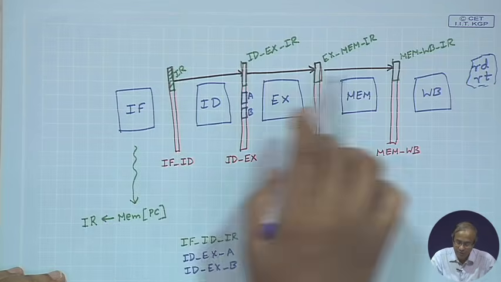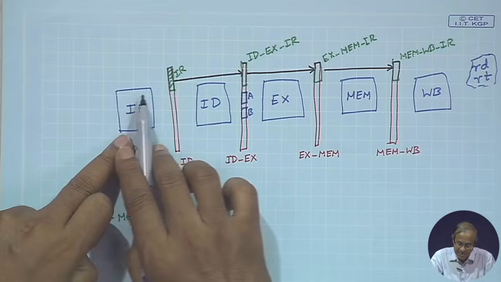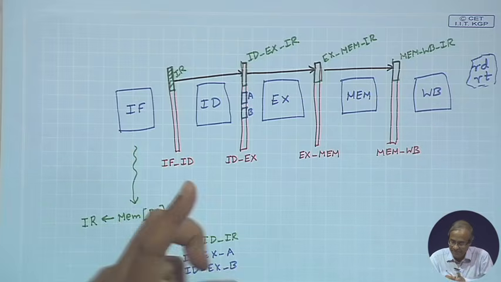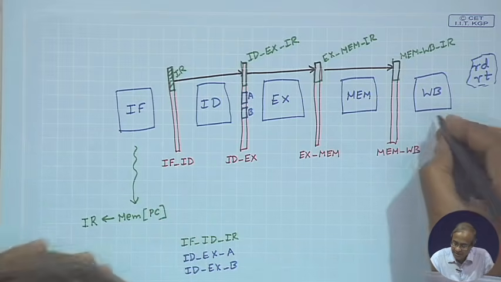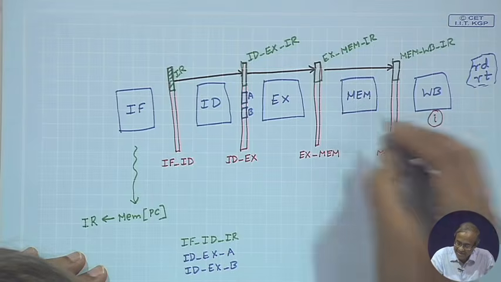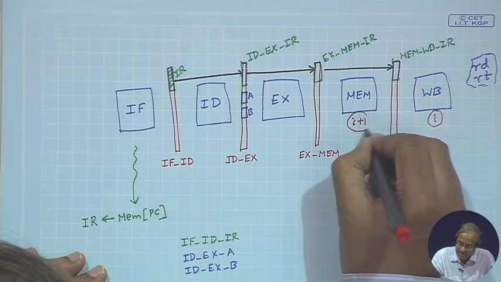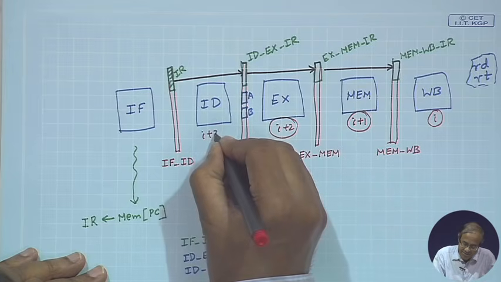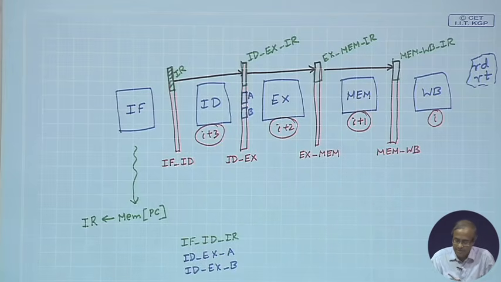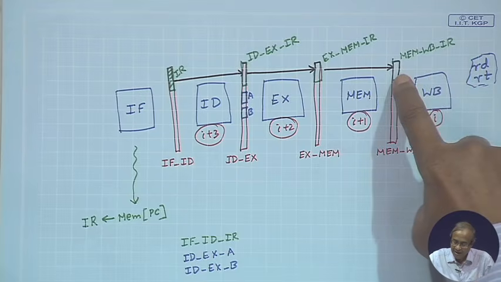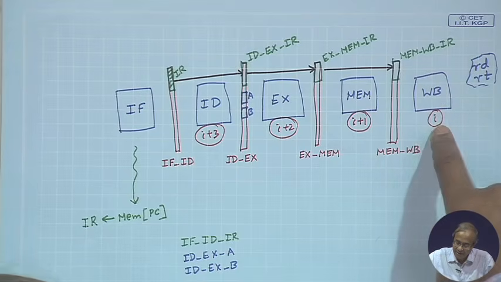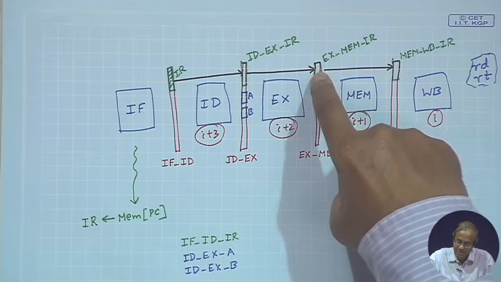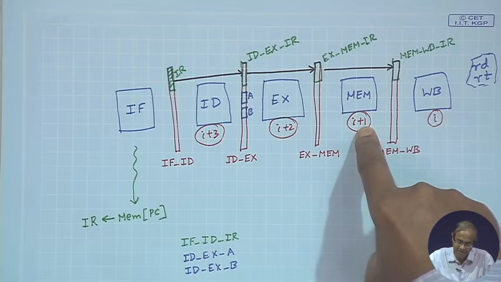And you need to forward it because when instruction I has reached WB, let us say here you have instruction number I, your next instruction is here, the next instruction is here, and I plus 3 is here, and so on. So, whatever IR is stored here, that is the IR of instruction I, and whatever IR is stored here is the IR of instruction I plus 1.